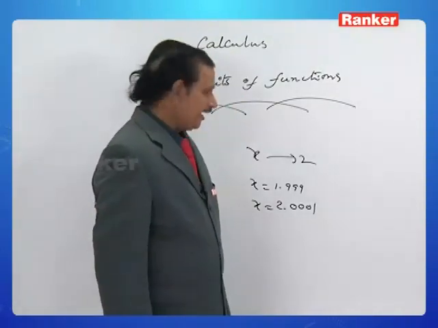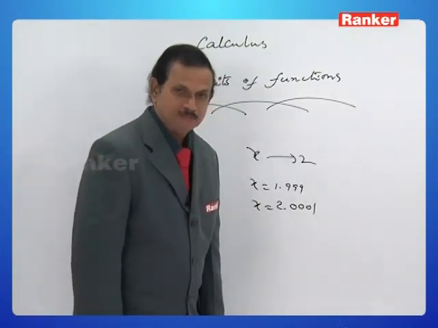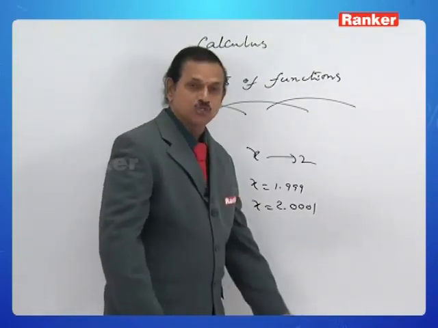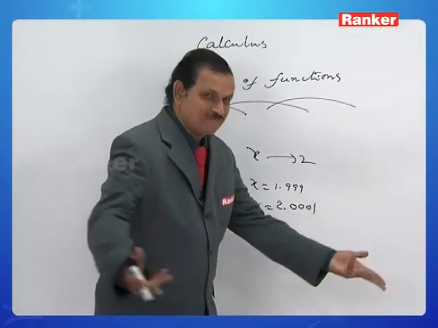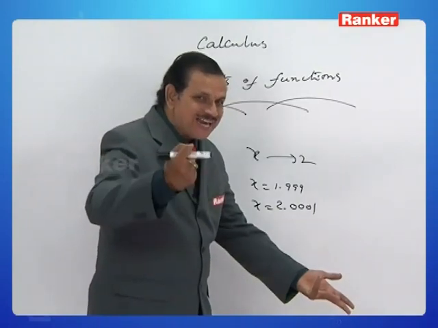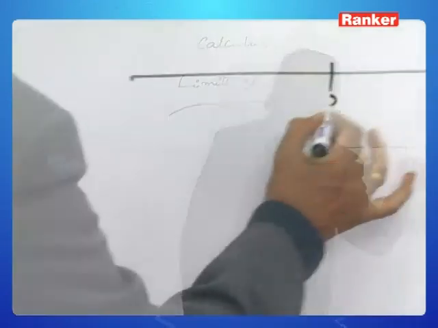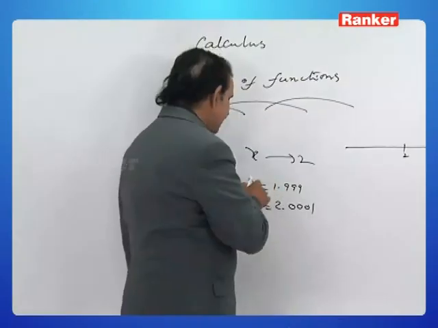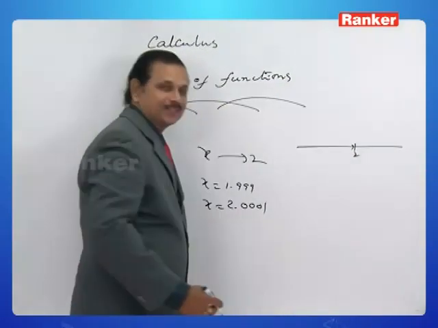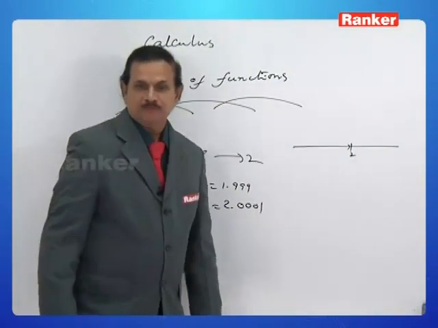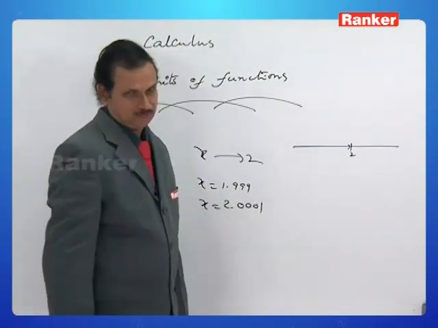Well, if the exact value of X is 1.999 and the used value is 2, then we say that X tends to 2 from left. Why should you say like that? On the x-axis, the exact value of X lies to the left of 2, isn't it? The exact value of X lies to the left of 2 actually.